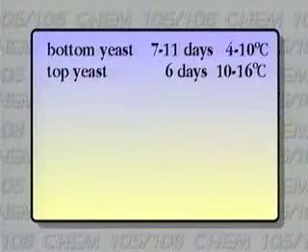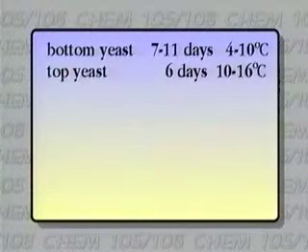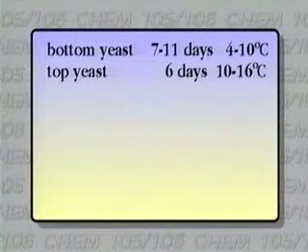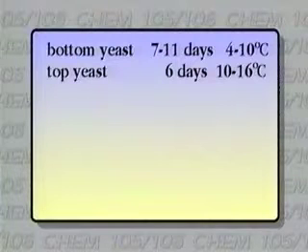And so the yeast, once it is killed, either floats to the top or settles to the bottom of the fermentation process. That's why it's called a top or a bottom yeast, depending upon where it goes.